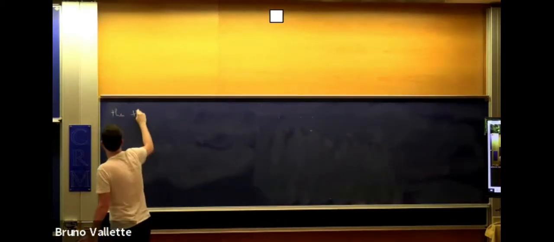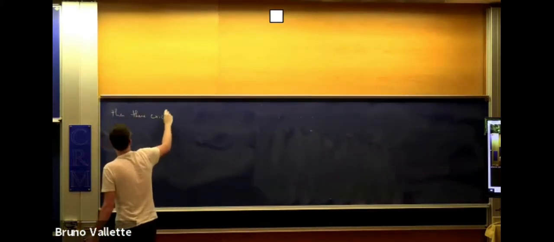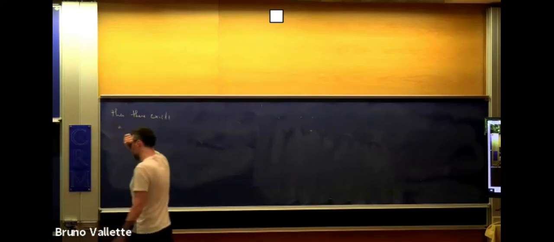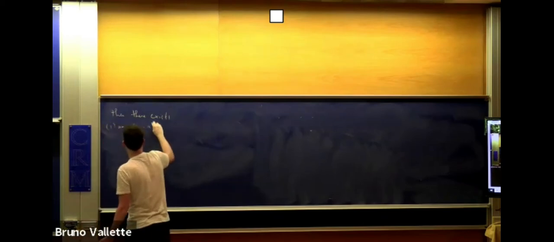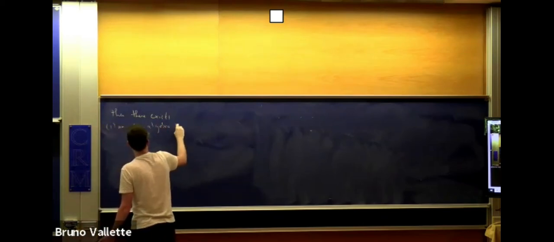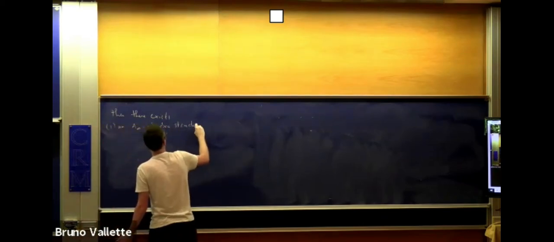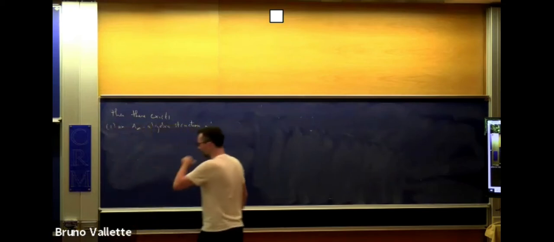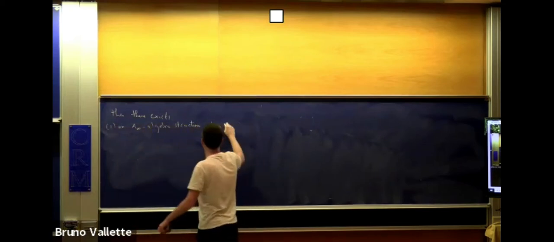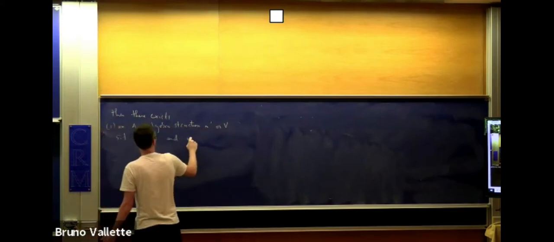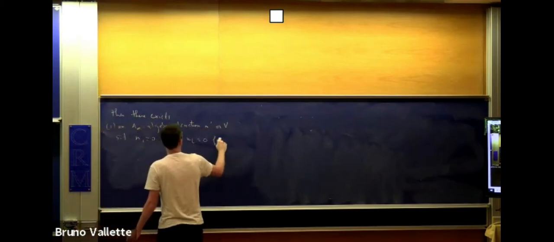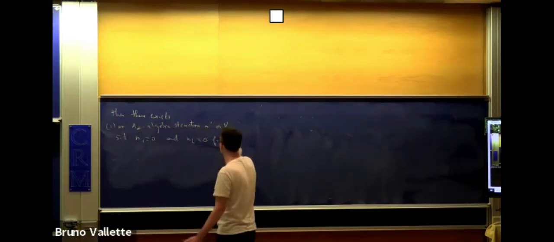Then there exists a different but isomorphic infinity algebra structure M prime on V such that M1 is 0 and Mk is 0 up to the next level.